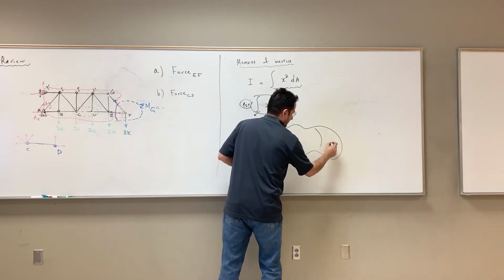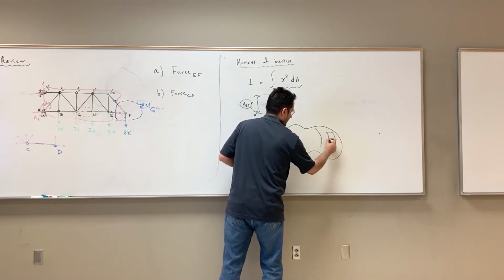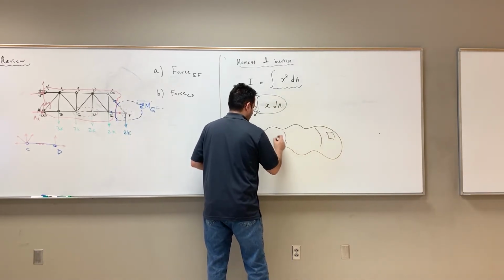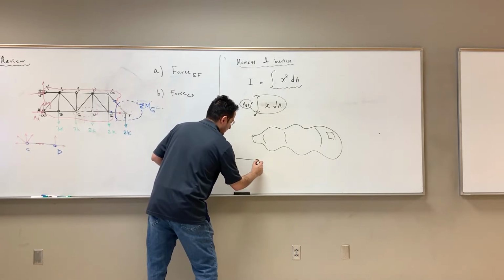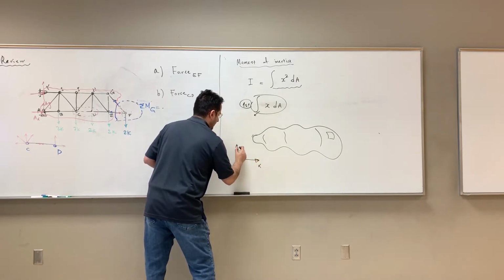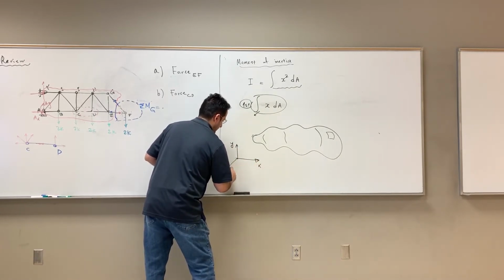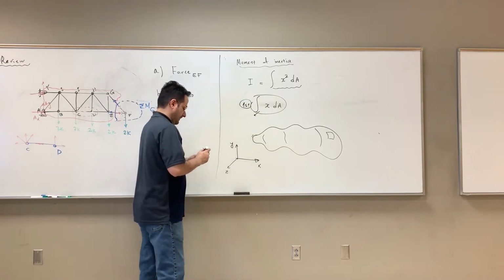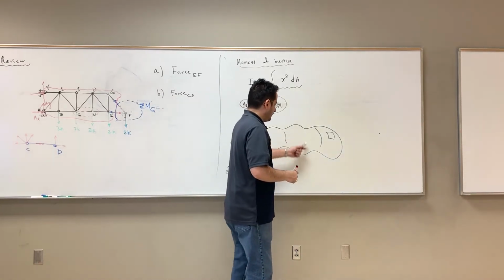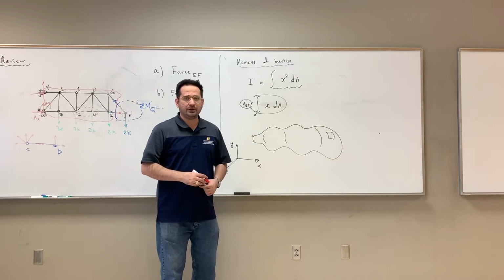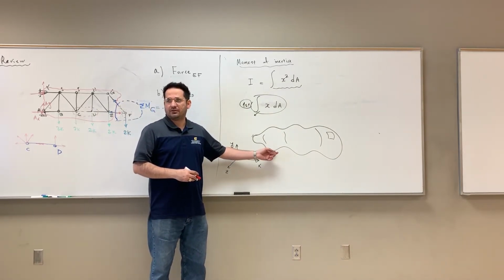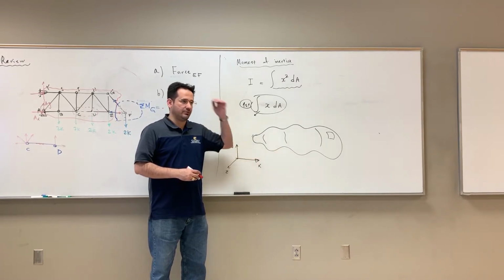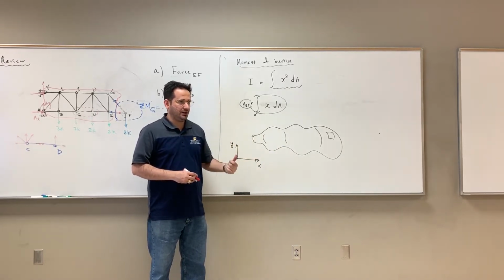Just put something like this. Like that. And then say this is your reference axes, x, y and z. Alright. So right now what I want to do is find the mass center of this, which, if the object is uniformly distributed in density, is the centroid.